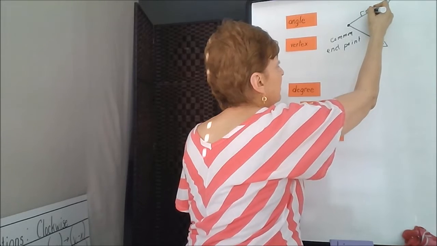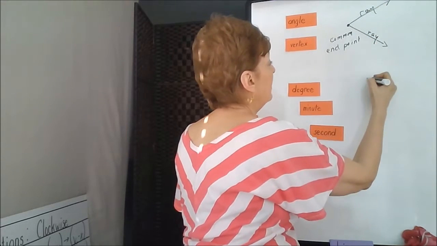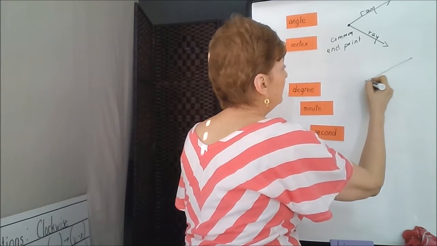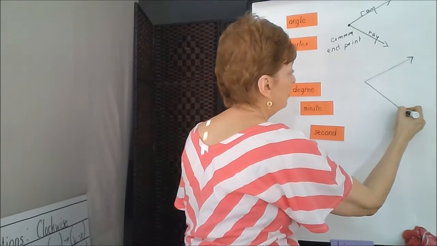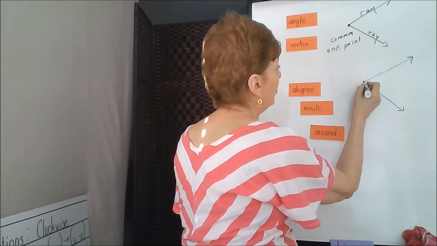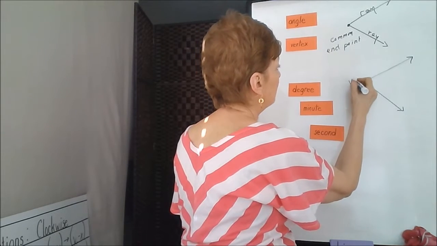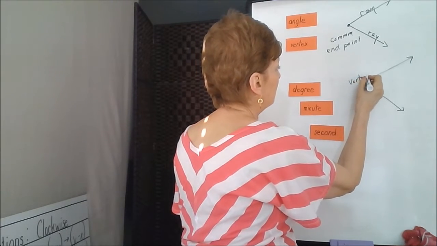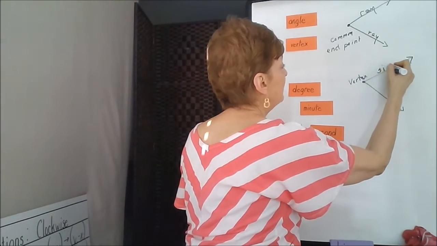This is a ray, and so is this. When we look at the angle, this common endpoint is known as the vertex. And the ray is the side.